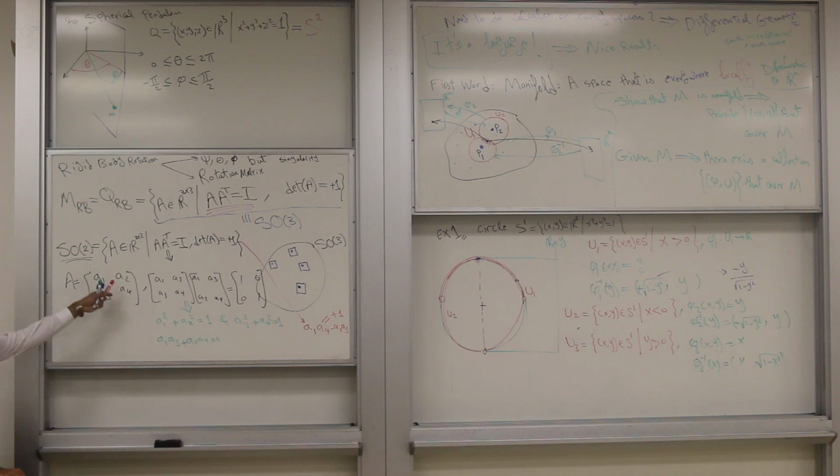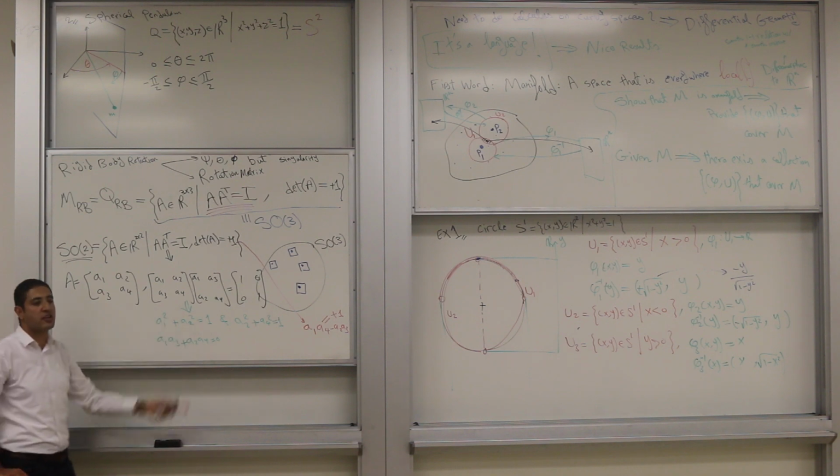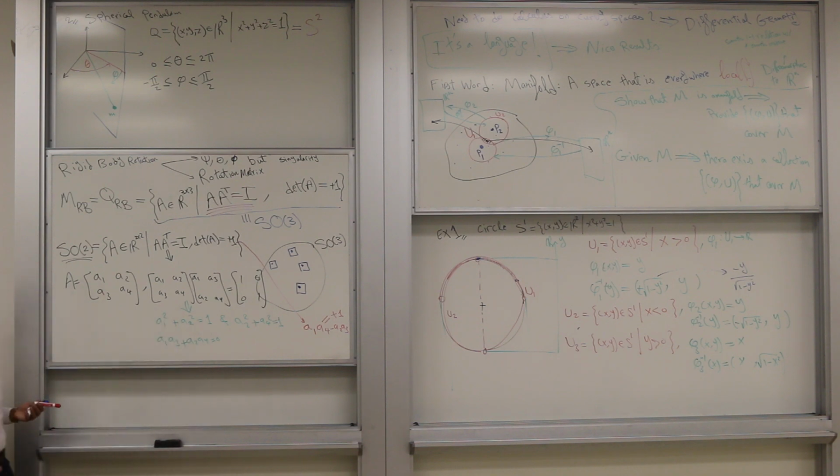So I have 4 free parameters subject to 3 constraints. How many degrees of freedom overall do we have? If this is a space and I want to know its dimension, meaning how many degrees of freedom I have to move in that space, it's 4 coordinates subject to 3 equations, so it's only 1.